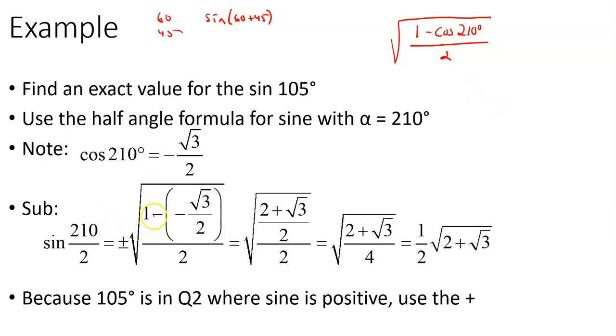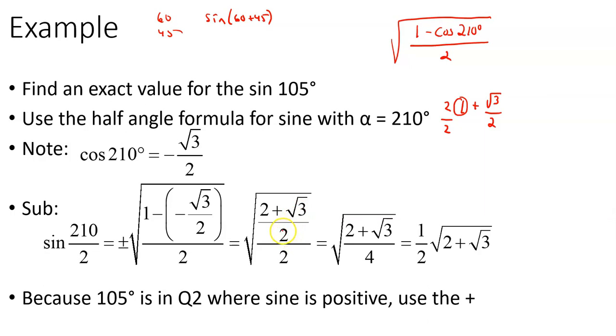So I do 1 minus cosine 210 all over 2. Now, when I go to run this through, how do I calculate 1 minus a negative square root of 3 over 2? I've got to turn this 1 into a 2 over 2. So now that's where I get a 2 plus the square root of 3 on the top and a 2 on the bottom.